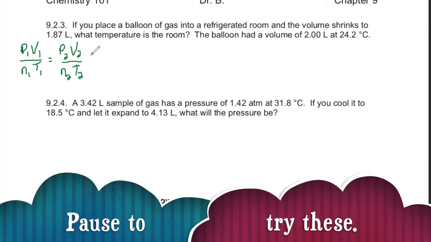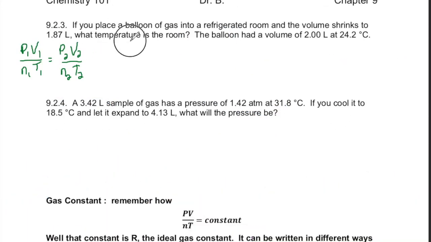Okay, so here is our combined gas law. We are going to work with something that involves temperature this time. So here we have a volume of 1.87 liters, a temperature that we do not know, a volume of 2 liters, and a temperature of 24.2 degrees Celsius.